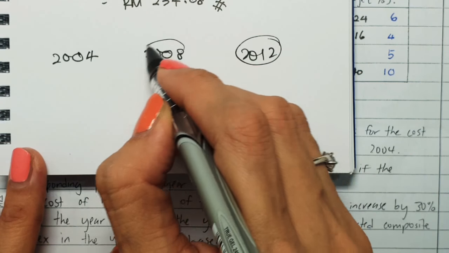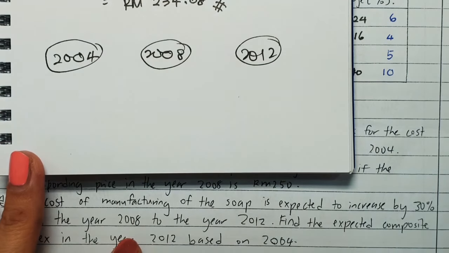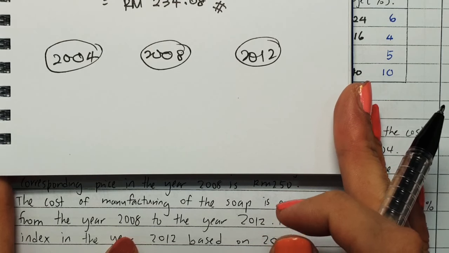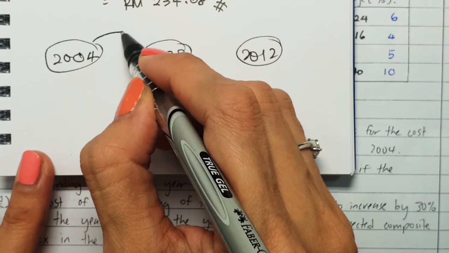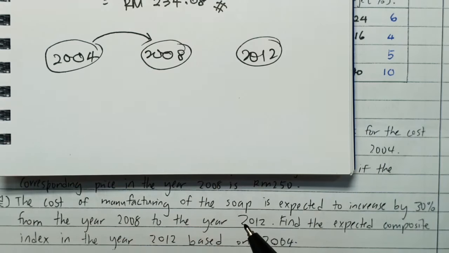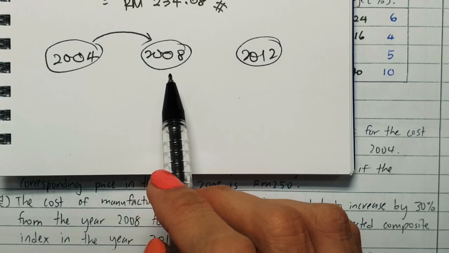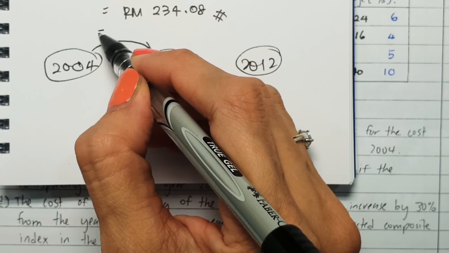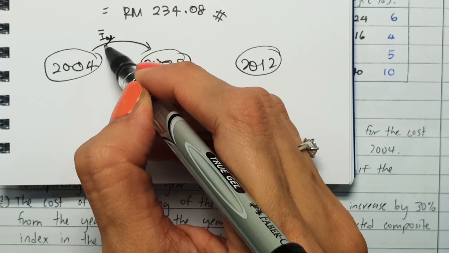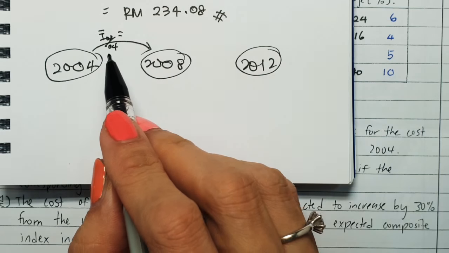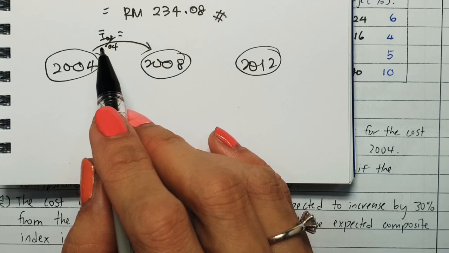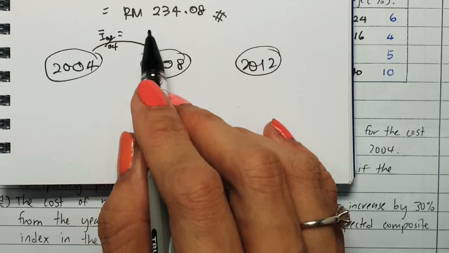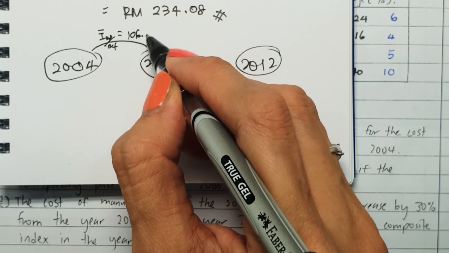So we have these 3 years involved in the price index, and we know that the price index of 2008 based on the year 2004, represented by this symbol, the composite index, is 106.8.